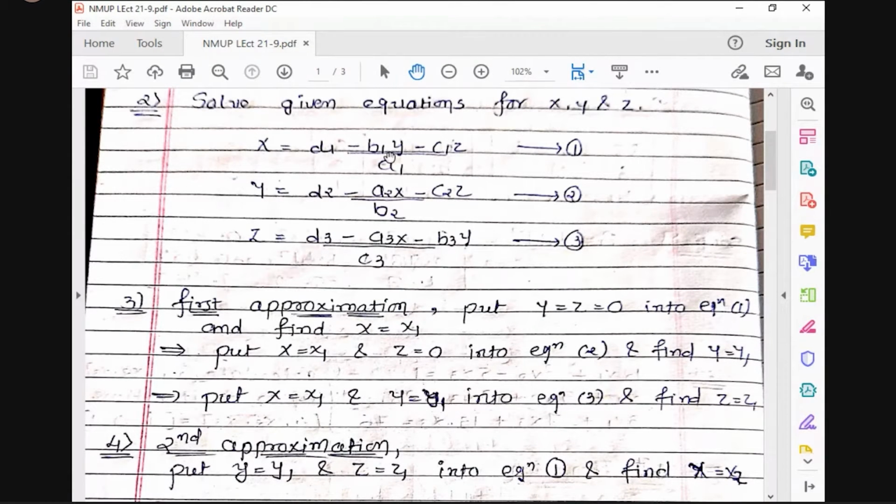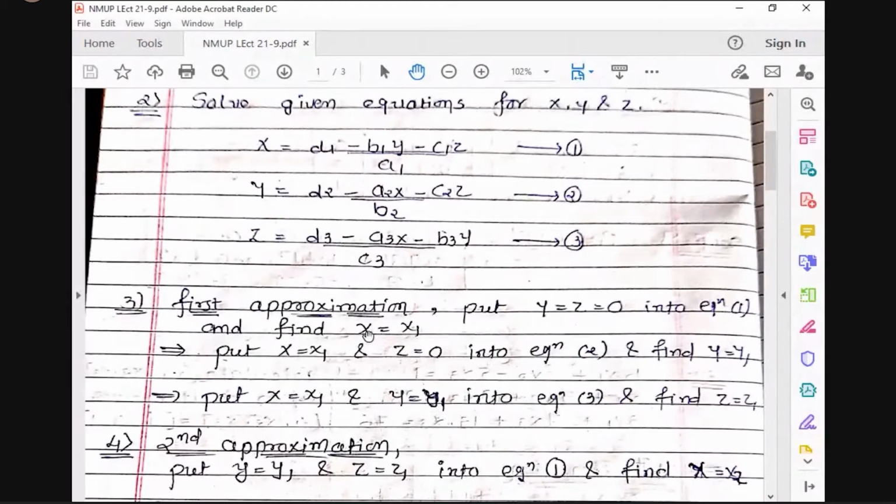For that, we assume the values of y and z to be 0. If the values of y and z are not given, we assume them to be 0 by default. By substituting y and z equal to 0 in this equation, we get the value of x, which is my x1 value, and we will write it down over here.